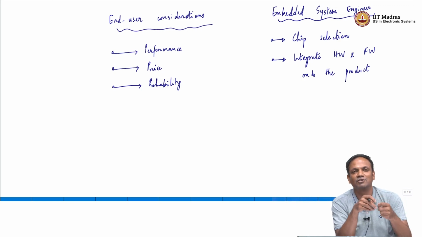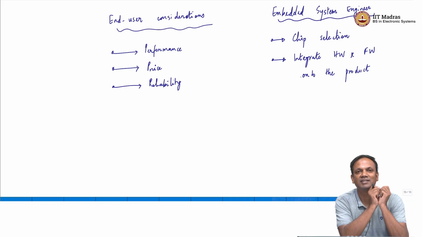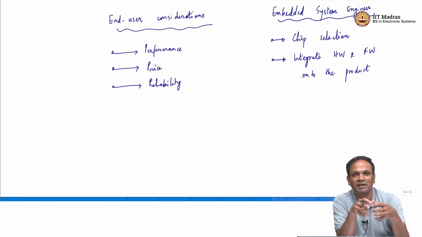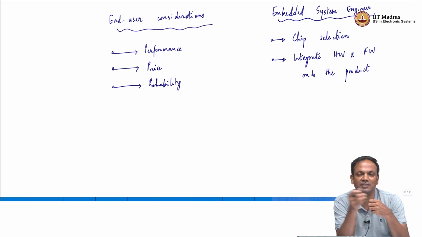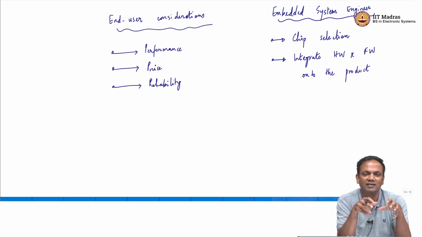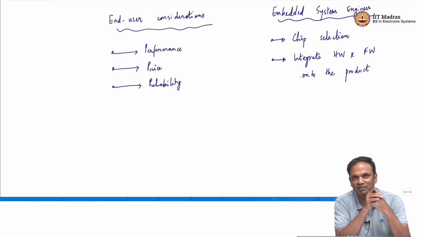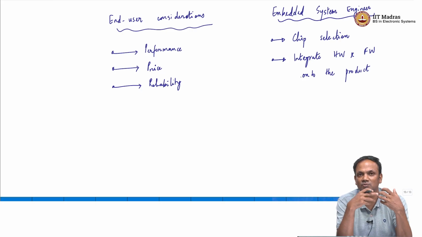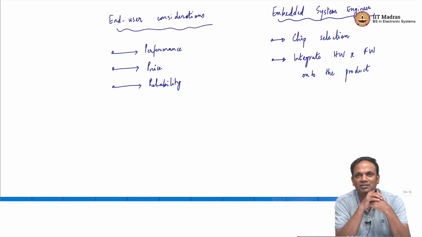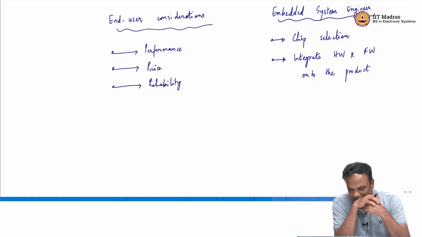Now, it is a question of saying, okay, let me open up each of these data sheets, let me put together a table comparing the different parameters of interest to me and see which ones make the cut, and once they make the cut, which is the one that offers me the best price advantage. So, that is one way that an embedded system engineer can think about the problem in front of them.